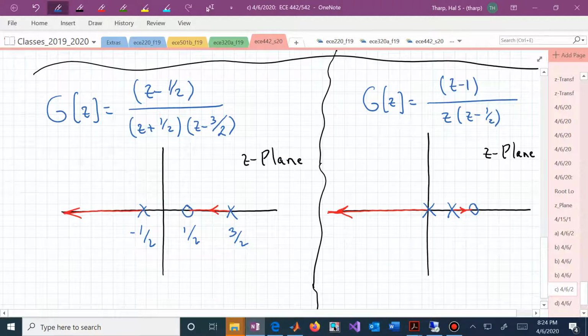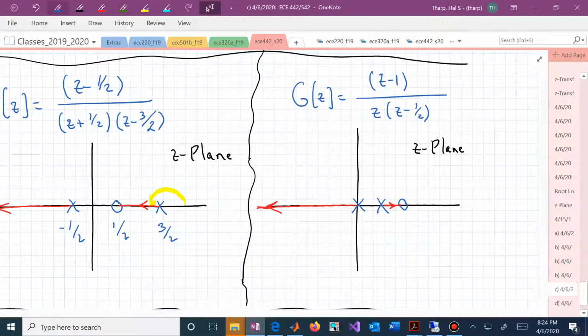The line segment between 3/2 and 1/2, we can determine that it's actually belonging to the root locus because the angle at any point is minus 180 degrees. That branch terminates at -1/2, and those are the only segments or branches of the root locus. They all belong on the real line.